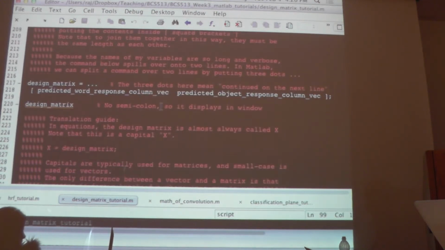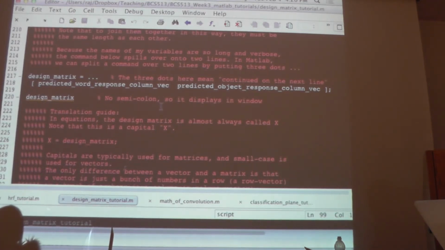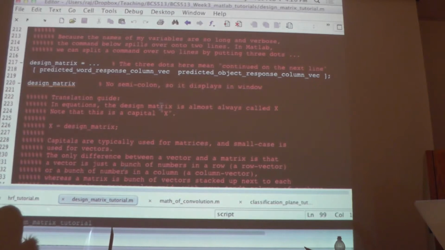You know how I said I like meaningfully named variable names? Unfortunately, the world of statistics and fMRI doesn't, fortunately or unfortunately, depending upon your taste. Design matrices are typically called X, capital X. Capital X usually means a matrix, and a lowercase letter usually means a vector.